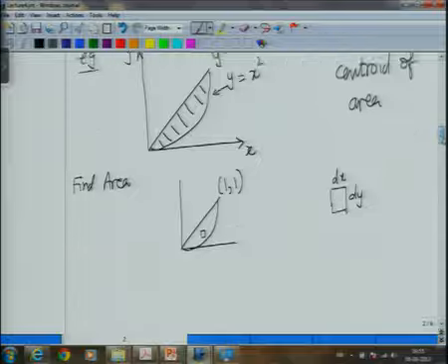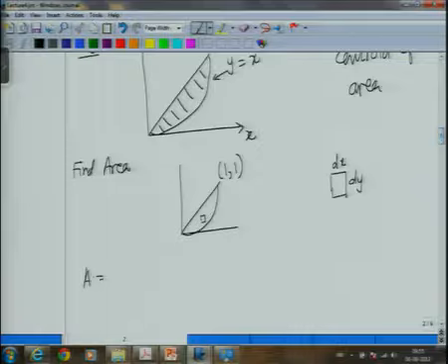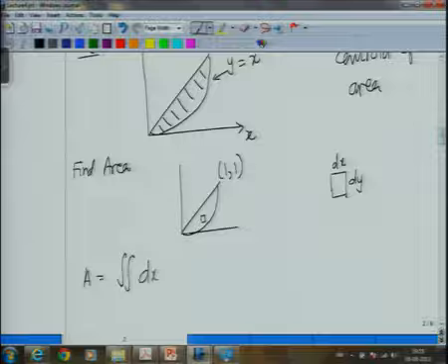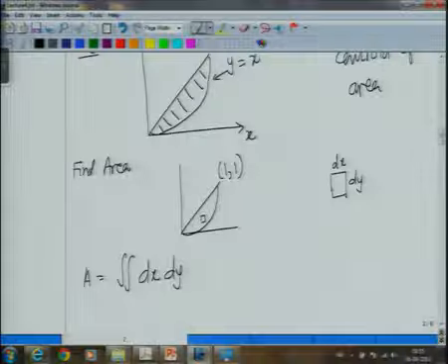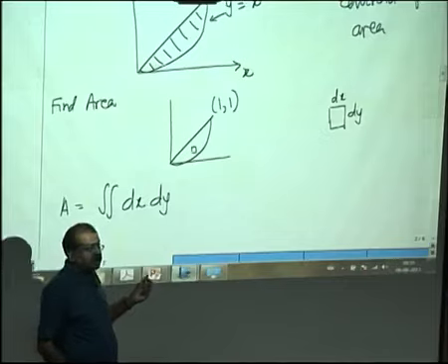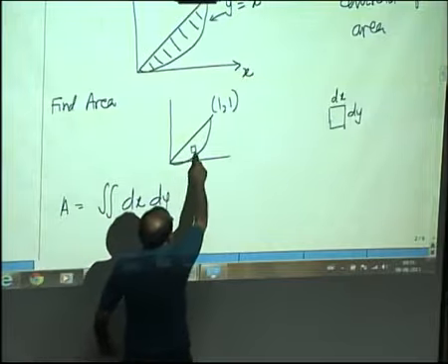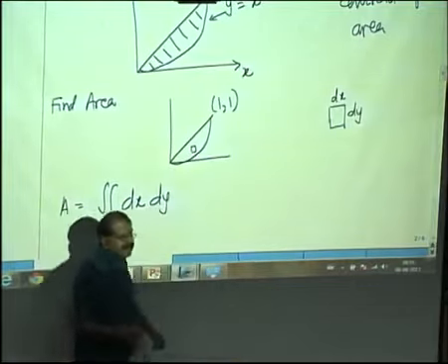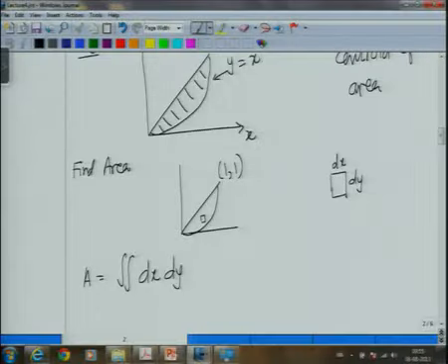So area is equal to the double integral of dx dy. When we have this double integral and I say integral dx, that means I will go along x and integrate this part first.